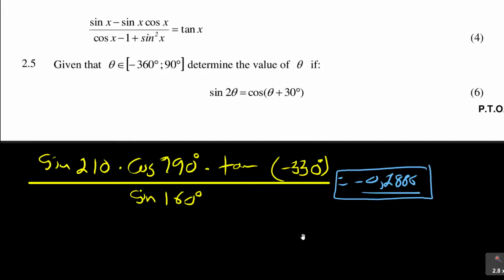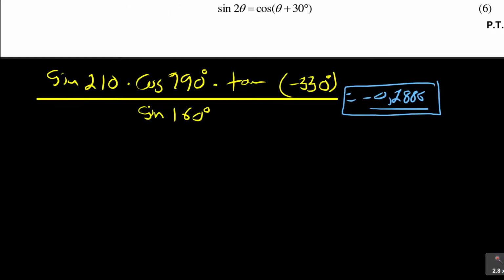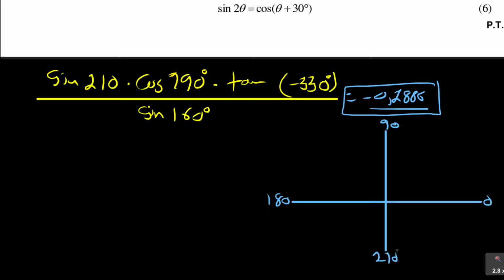All right, now first things first, they always give you things that are intentional. Let's start by, again, the quick part, my CAST diagram comes in handy. 0, 90, 180, 270 and 360, with All Students Take Chemistry.